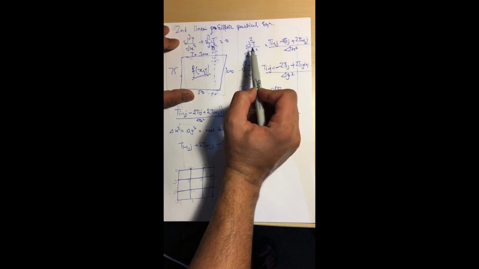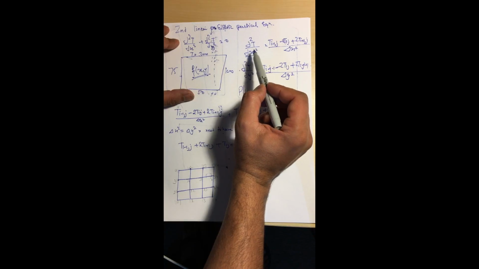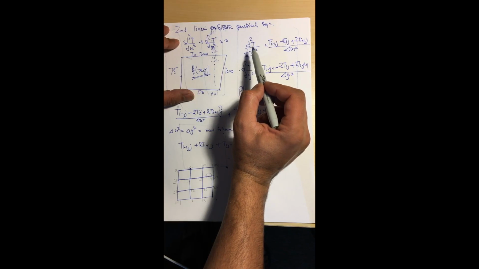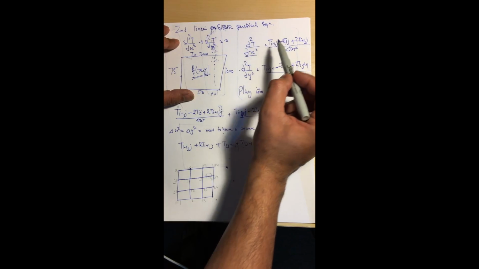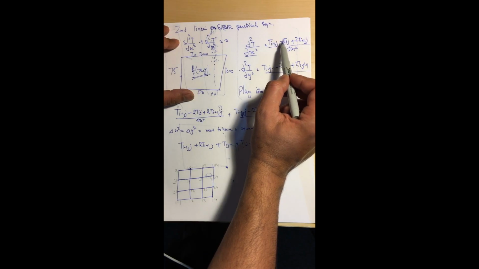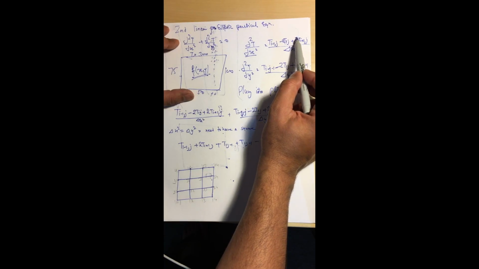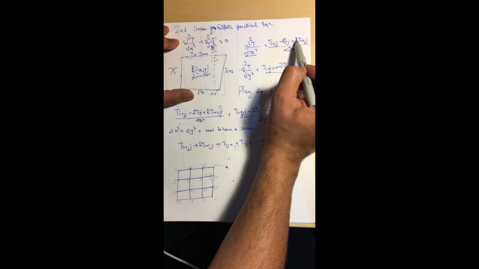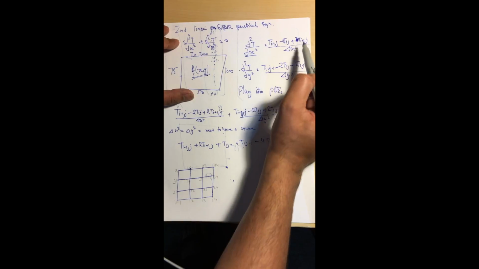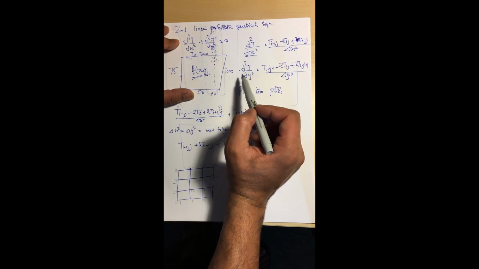So let's discretize it. d squared T by dx squared, which is our change in temperature in the x direction, is T(i-1,j) minus 2T(i,j) plus T(i+1,j) divided by delta x squared.